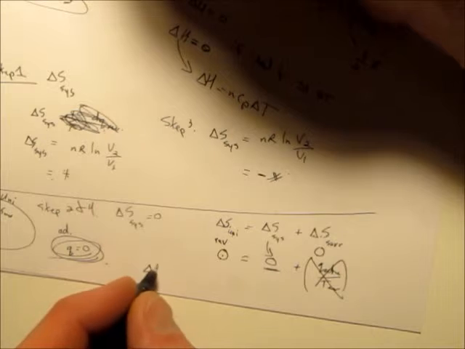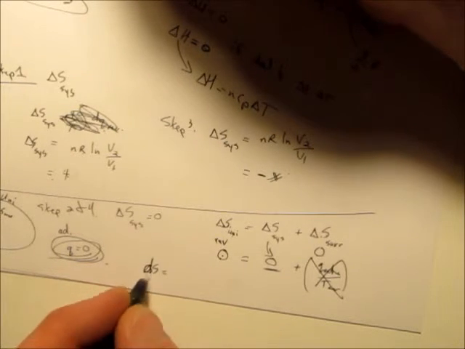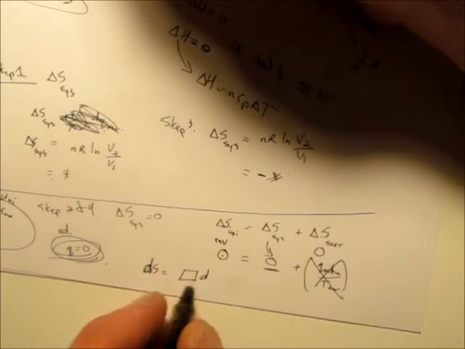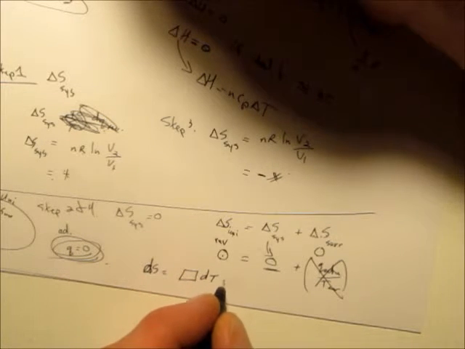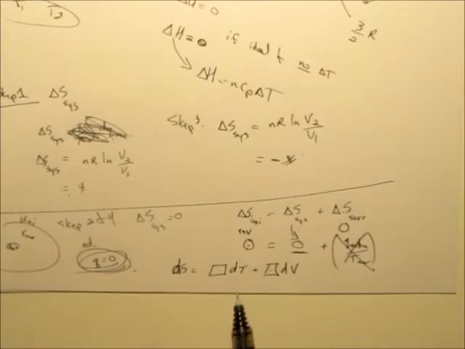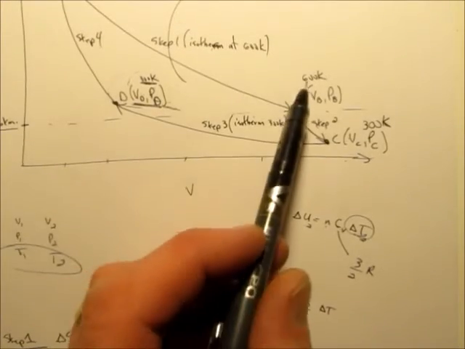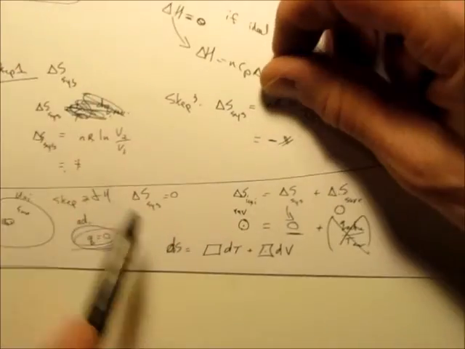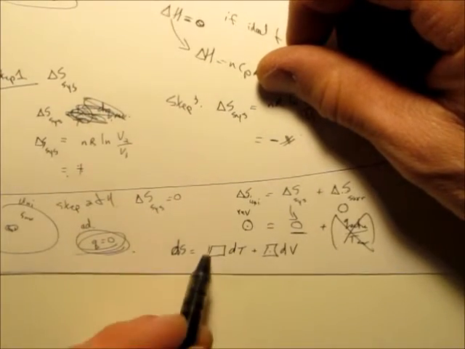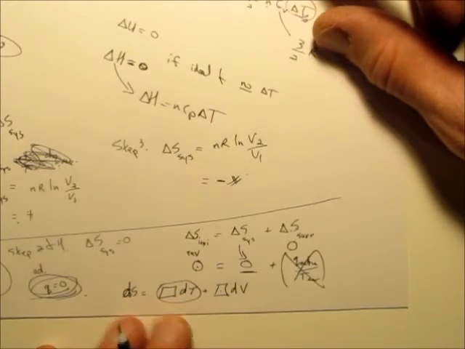So the only way that is true, you had a formula, and I'm already forgetting it, so let's put it in this format. You had some term with a dT plus some term with a dV, for instance. Think about it. For steps 2 and 4, they're adiabatic. The temperature changes, so the entropy is going to get a contribution from a temperature change. For step 2, the temperature goes up.